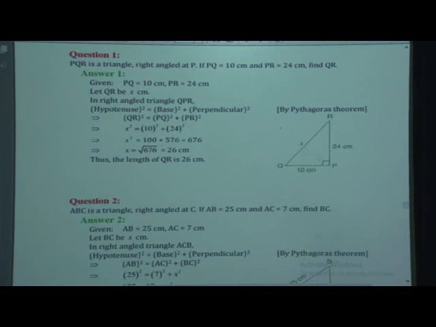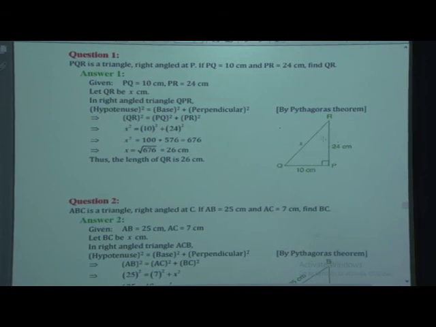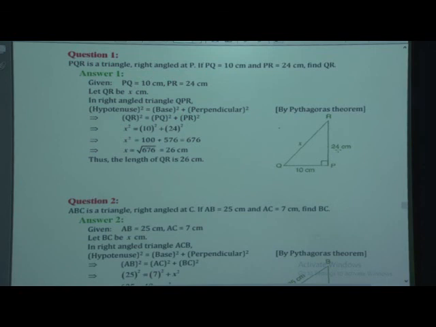Here we can see the legs of this right angle triangle are 24 and 10 centimeter. So what is the formula? QR square equals PR square plus PQ square, used by the Pythagoras theorem. So x square is equal to 10 square plus 24 square.